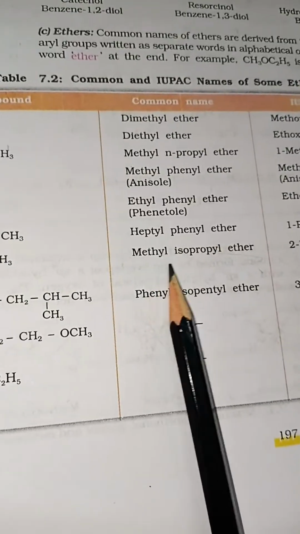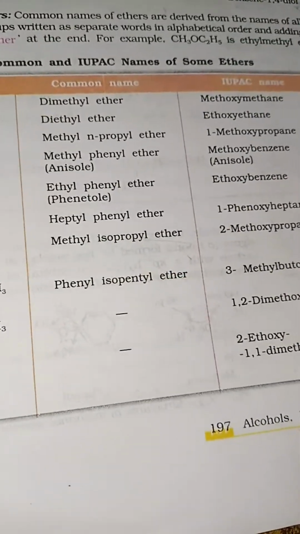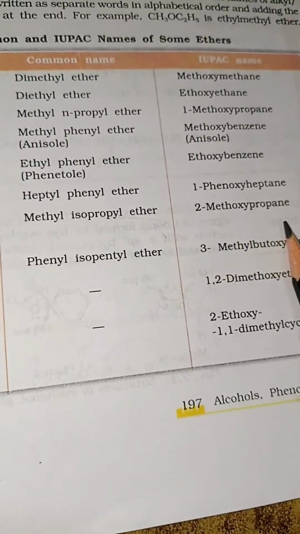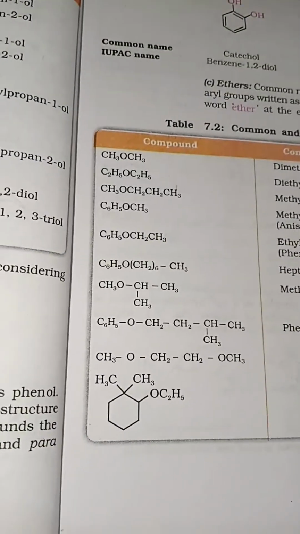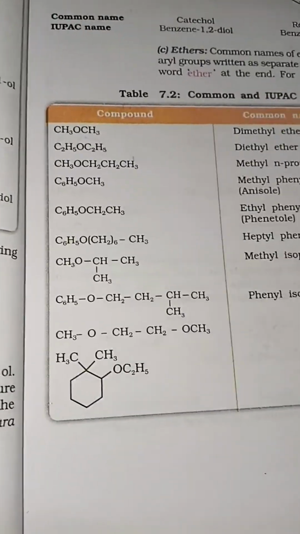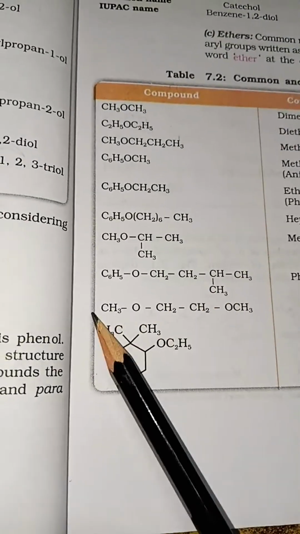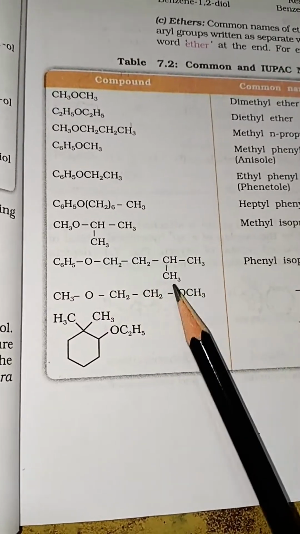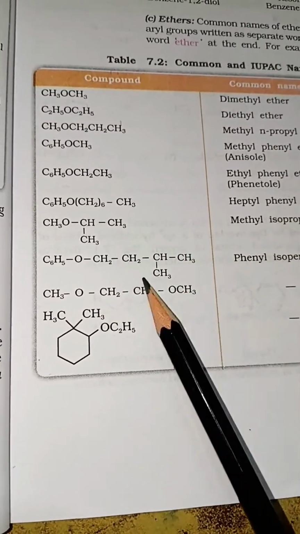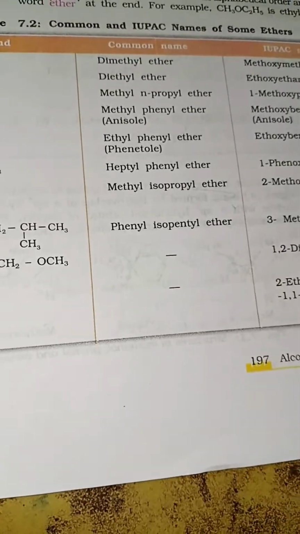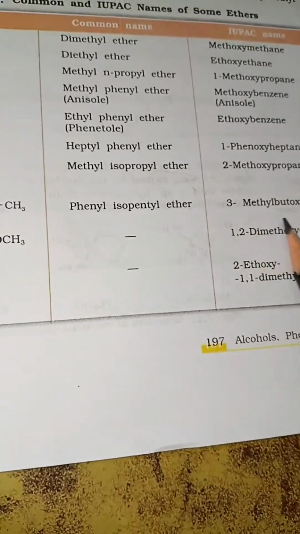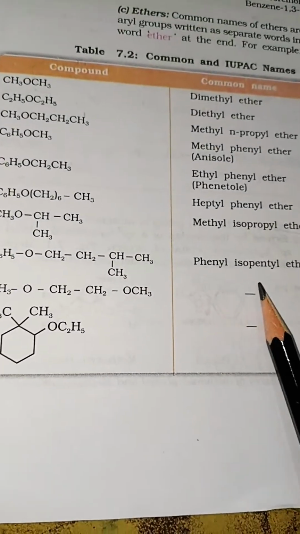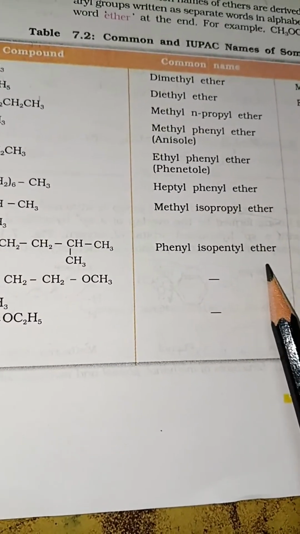This is the common name, methyl isopropyl ether, and the IUPAC name is 2-methoxypropane. Next one is C6H5OCH2CH2CH with CH3 and CH3. The IUPAC name is 2-methylbutoxybenzene, and phenyl isopentyl ether.